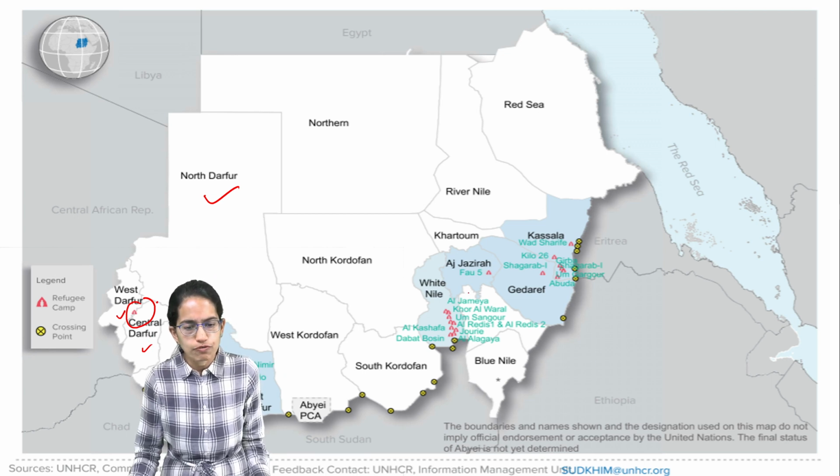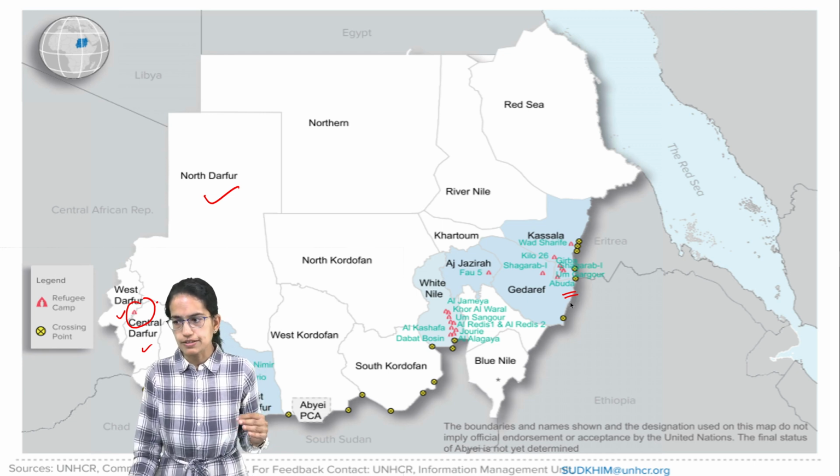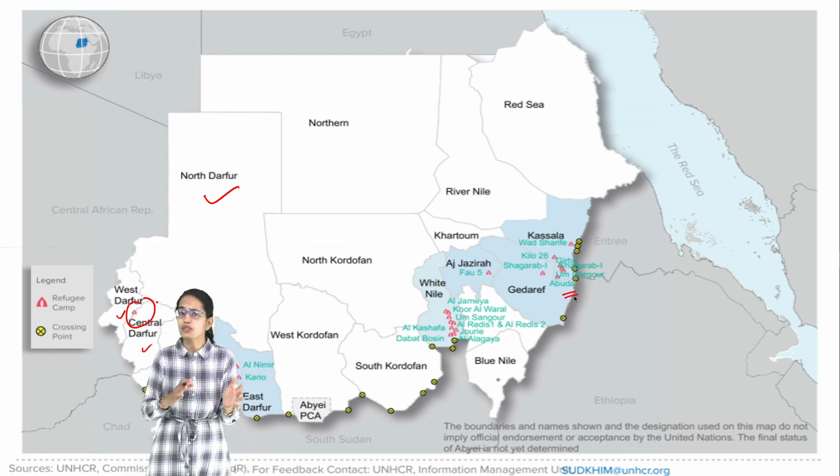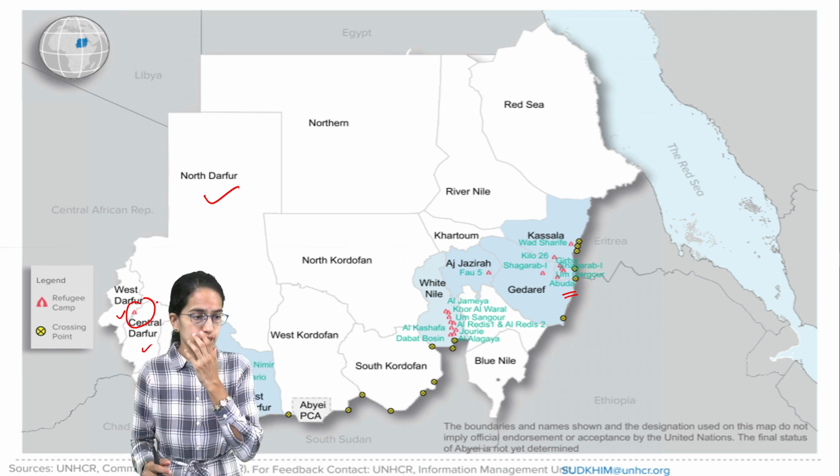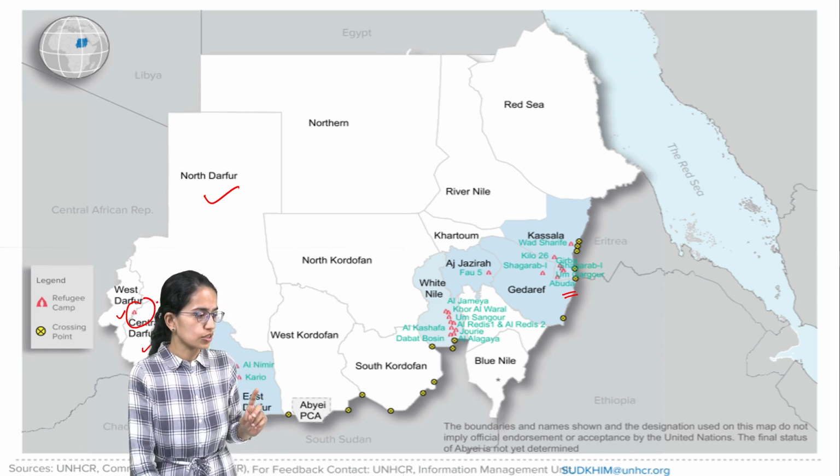Then we have a huge number of refugee camps in the eastern area. Some of the refugee camps are really important. Near the Abuda area is one of them, and the two refugee camps we mentioned, Rakuba and Tunaydbah, are the two important refugee camps in the region of Sudan.